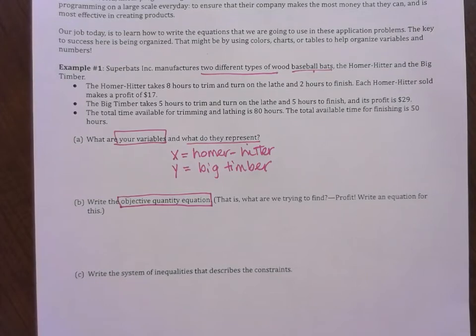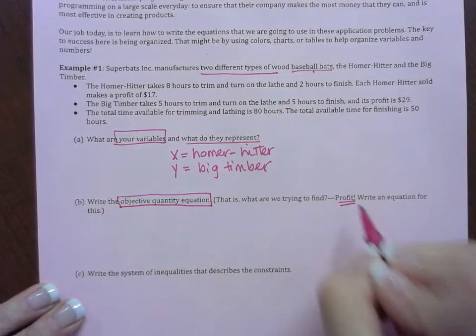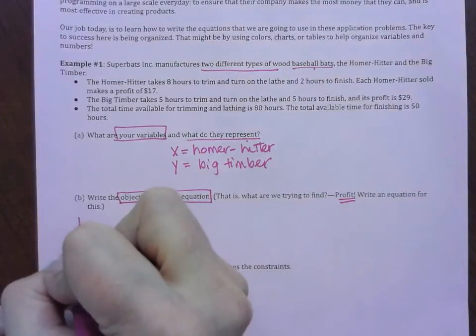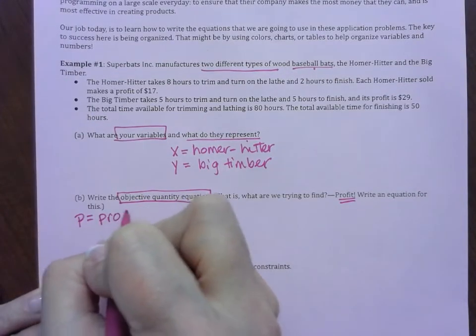Profit. Make money, right? So we're looking for a profit, and we want an equation that's going to show this. So I'm going to say P is equal to profit.